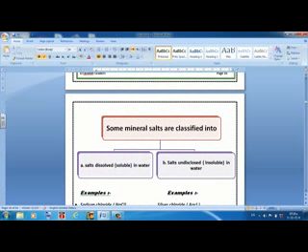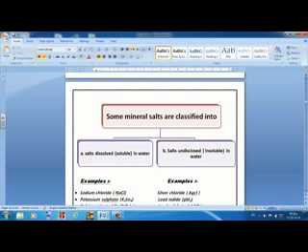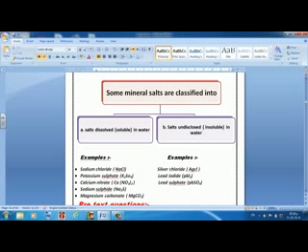We can classify salts according to, number 1, salts dissolved or soluble in water. So the classification will depend on the solubility in water. If the salt is soluble in water, it will be soluble.